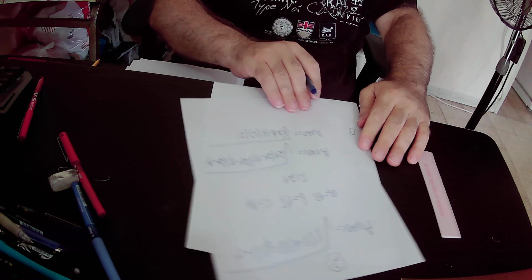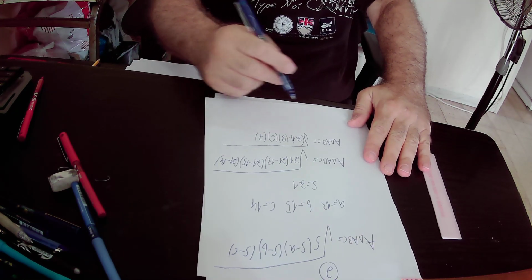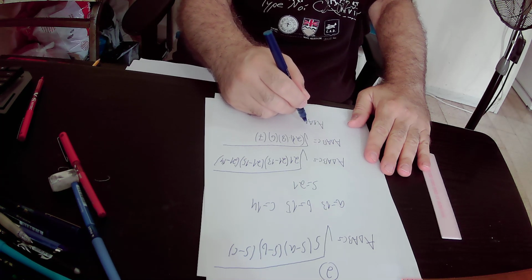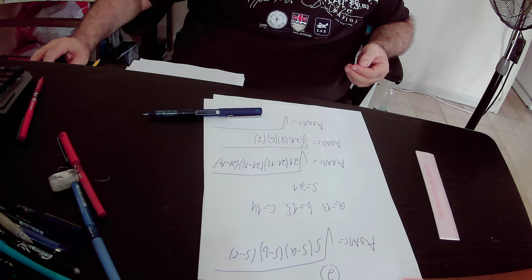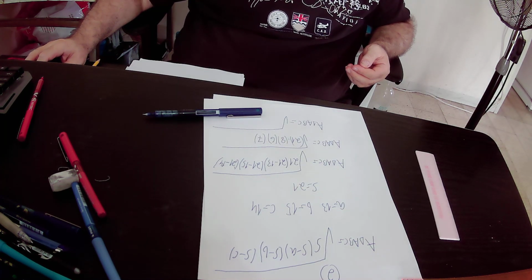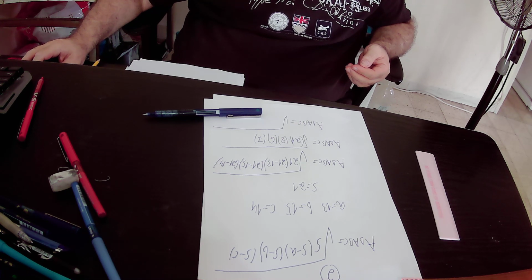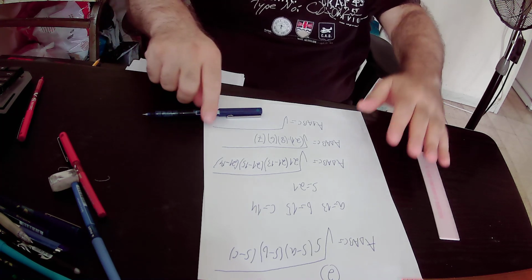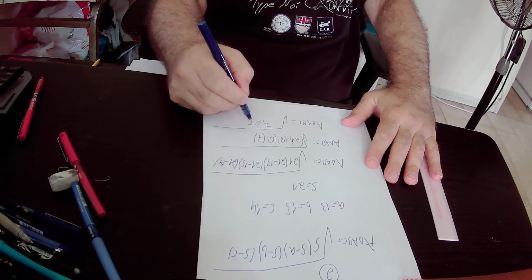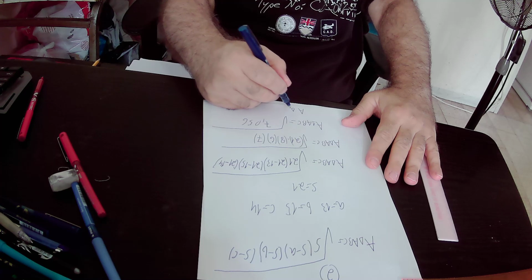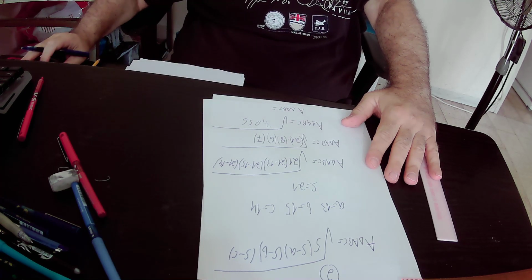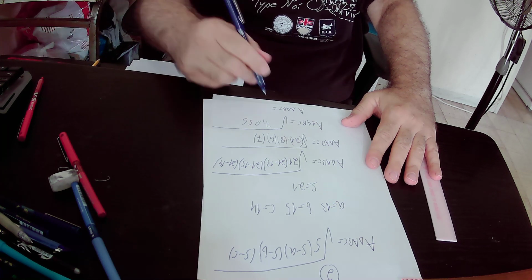So the area of triangle ABC is equal to the root of 21 times 8 times 6 times 7, which is the root of 7,056, and the root of 7,056 equals 84 square units.